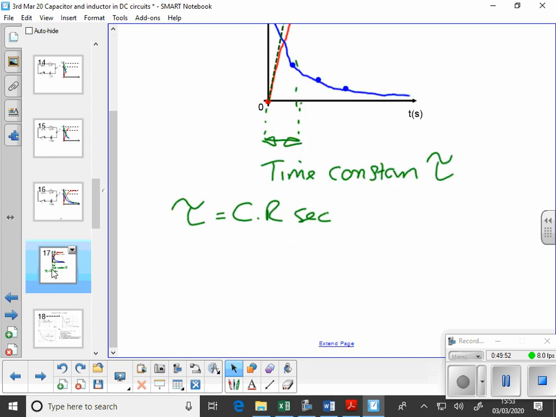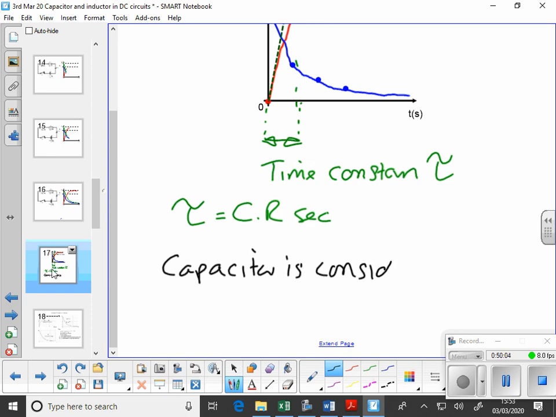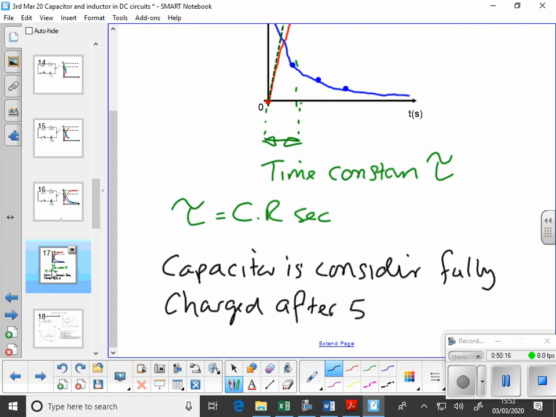And you'll see why in a minute when we do some calcs, but a capacitor is considered fully charged after 5 times CR, 5 time constants.